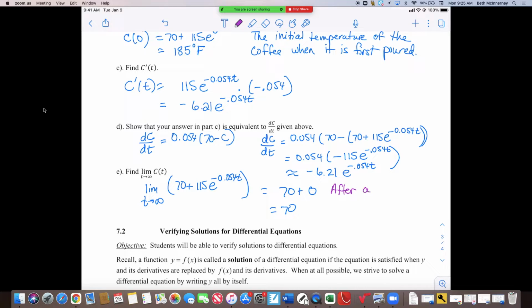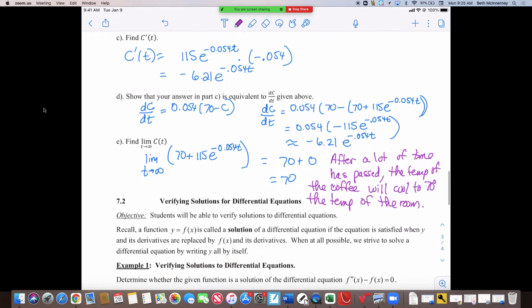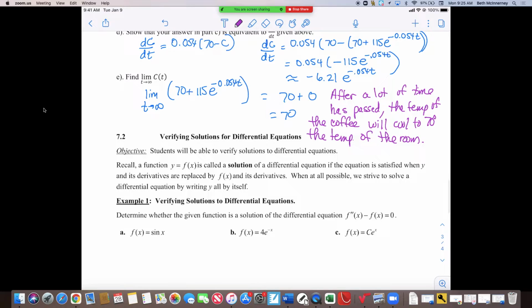After a lot of time has passed, the temperature of the coffee will cool to 70 degrees, the temperature of the room. So they like to do that on the AP exam, ask you to interpret your answers.